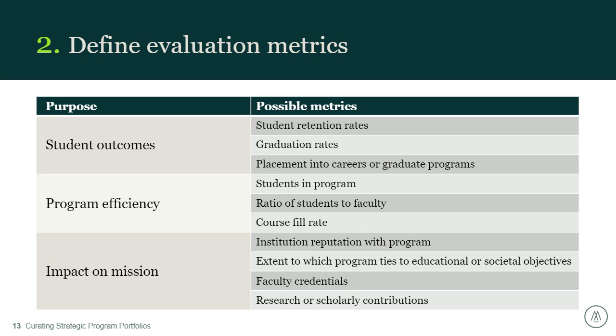And this is where you're able to quantify or really show the link between an individual academic program and your institution's overall mission. So thinking about how to quantify things like the program's reputation, the link to other goals and objectives. How do you honor faculty credentials as well as researcher scholarly contributions?